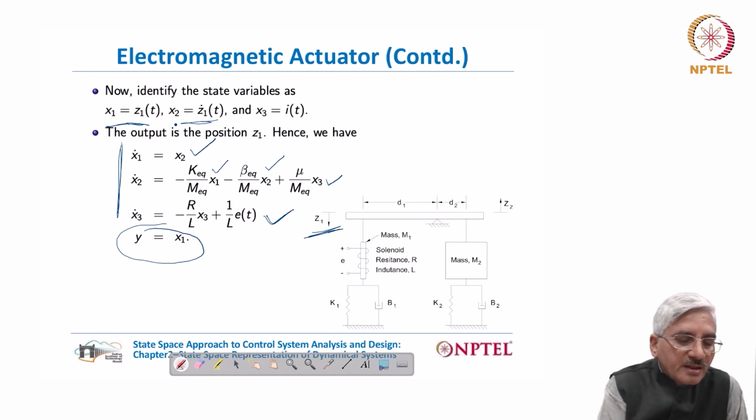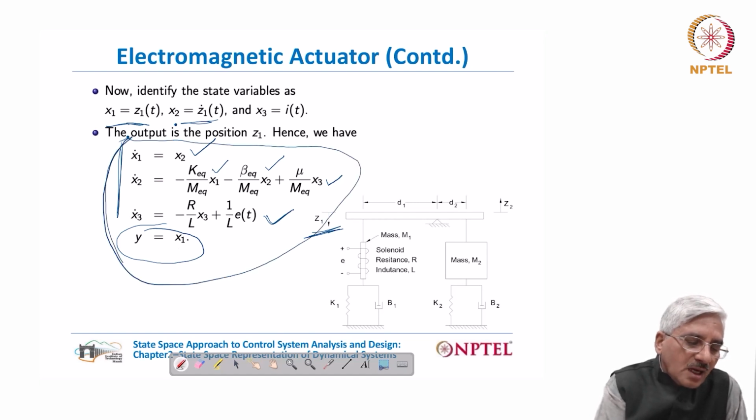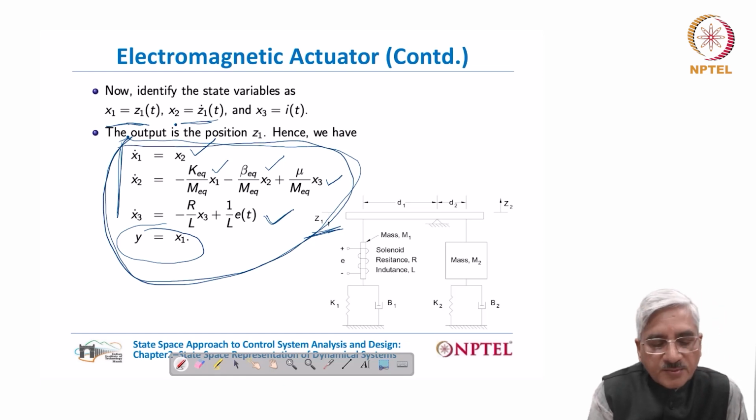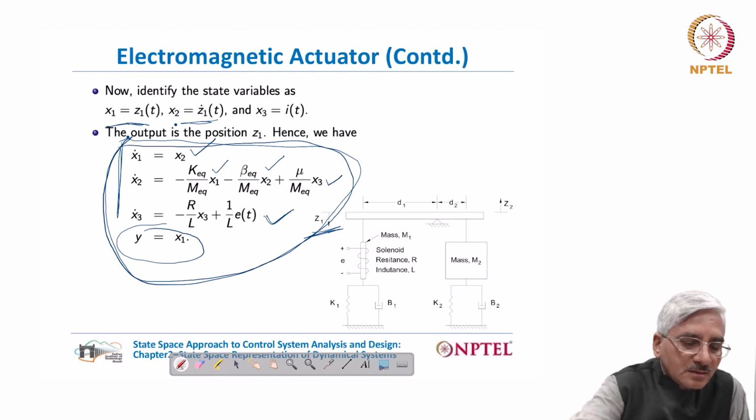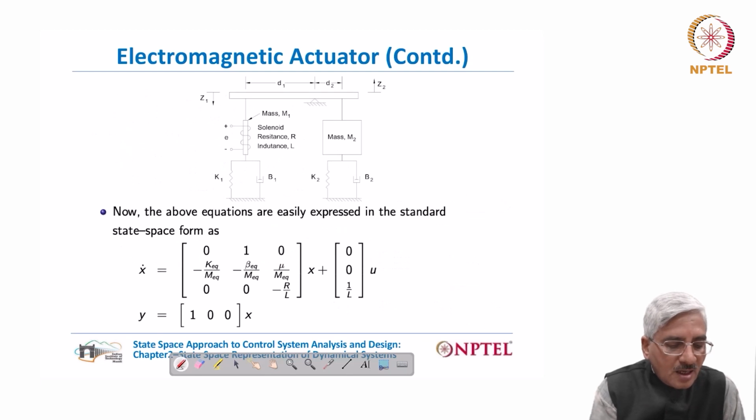Now we have obtained the differential equations governing the circuit, and we only have to put them in the state space form. That is done here. Because x1 dot is x2, we have x1 dot equal to 0 x1 plus 1 x2 plus 0 x3.